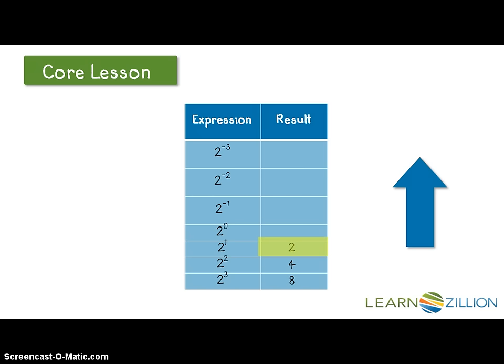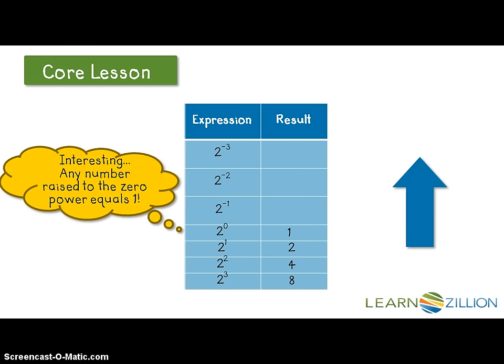We could do the same thing now with the 2. We multiplied the 4 times 1/2 to get 2. So if we continue that pattern of multiplying by 1/2, what would we do to get 2 to the 0 power? We would take 2 and multiply by 1/2, and 2 times 1/2 is equal to 1.